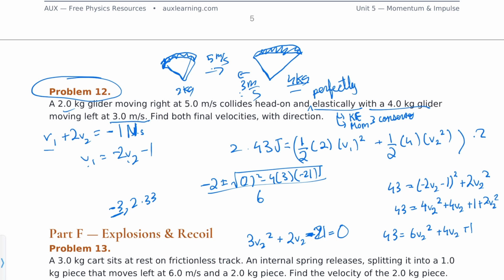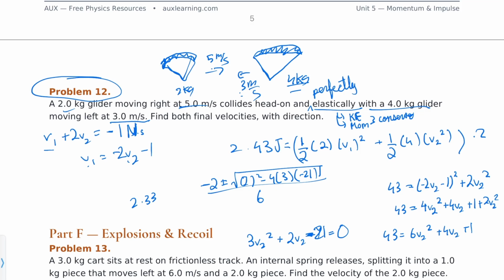Right? We can't have that, can we? Because they don't elastically collide and then swap velocities. It doesn't work that way. This is assuming that velocity 1 was for mass 1, which we don't want. So we're just going to pick 2.33. Okay? If any of your final answers is over here, in this section, 5 and 3, it's wrong.